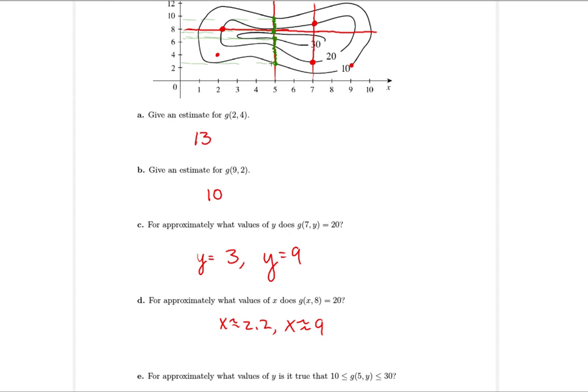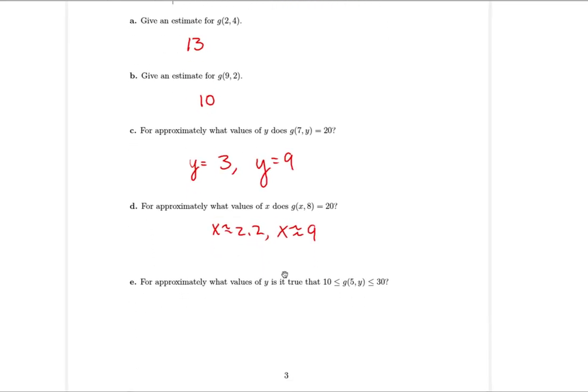Again, I'm just estimating, so your answers might be a little different than mine. But we'll say that y being between 3 and 6.5 does the job, and y being between 7.5 and 9.5 seems to do the job as well.